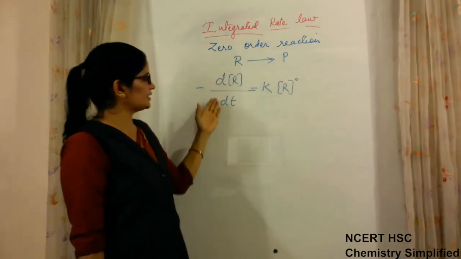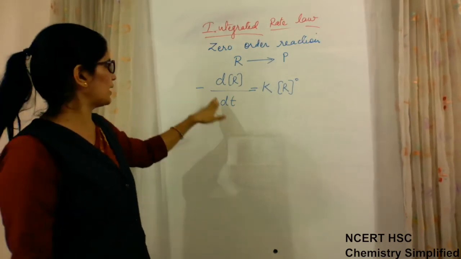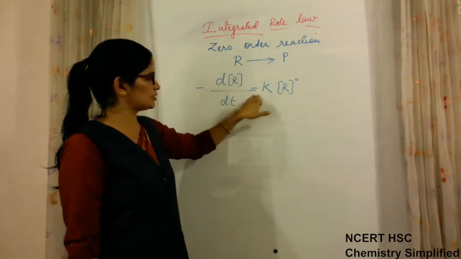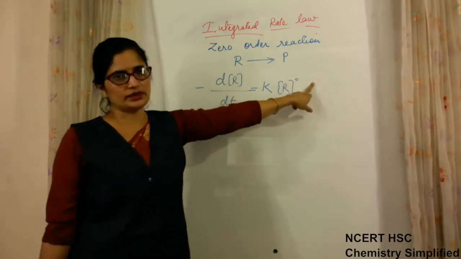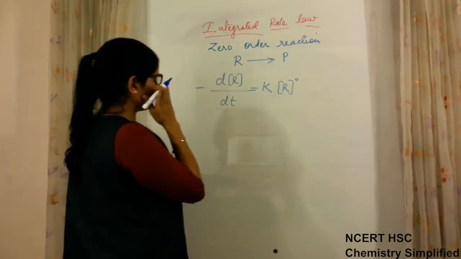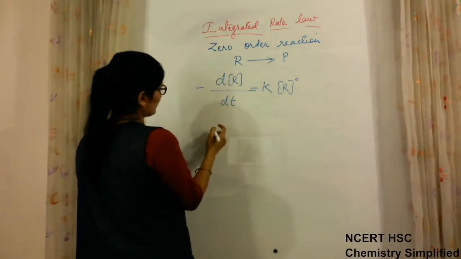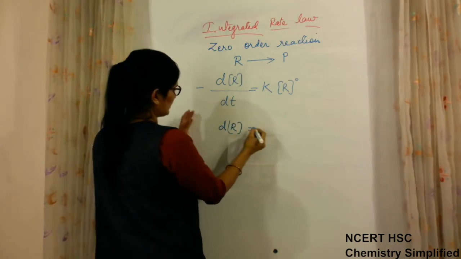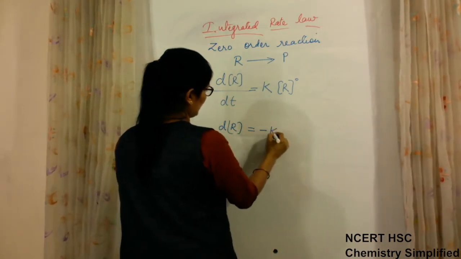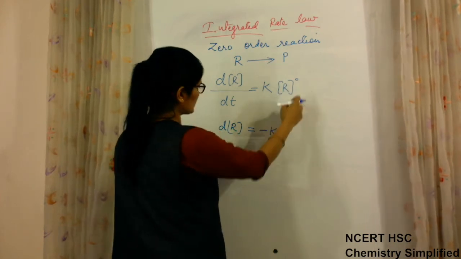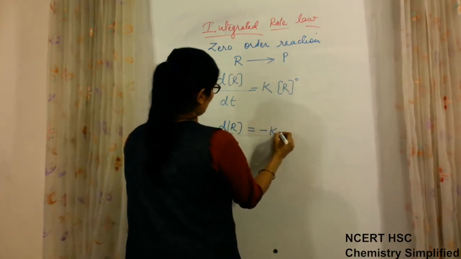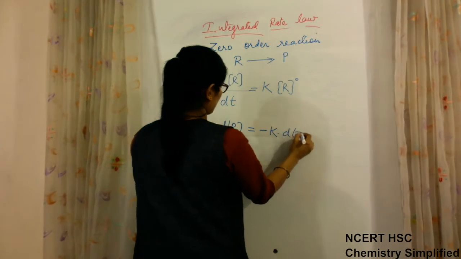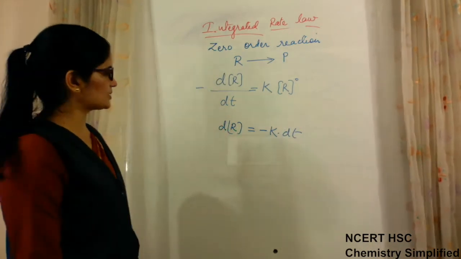So we can write its rate law in the differential form as minus dR by dt is equal to K R raised to power 0. We can write it as dR, minus sign taken here, K, anything raised to power 0 is 1, so K into dt. This can be written like this.